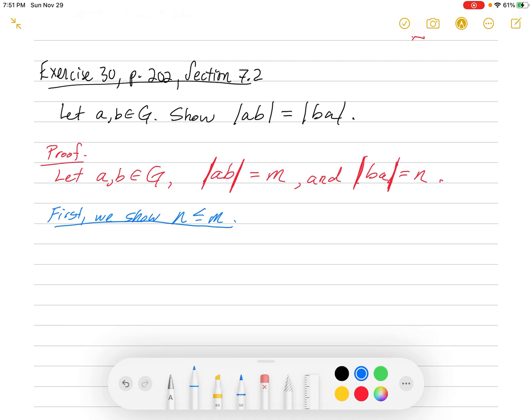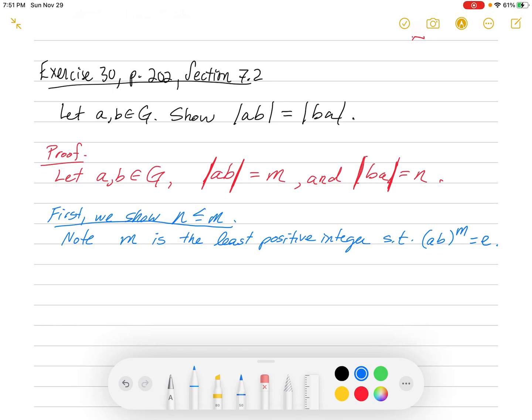Okay, so how do we show N is less than or equal to M? So first I'm going to note M is the least positive integer such that AB to the M power equals the identity, right?